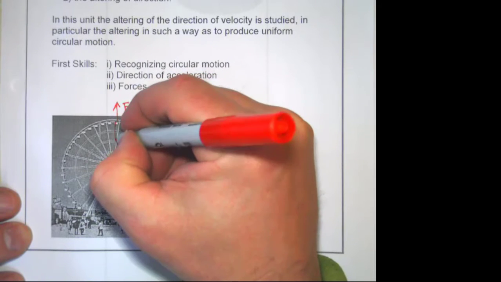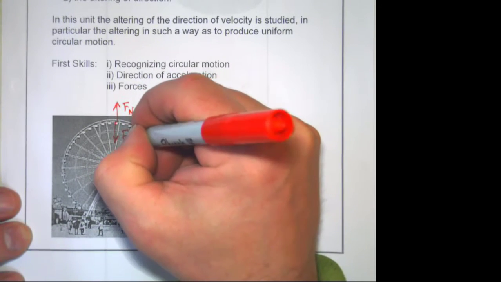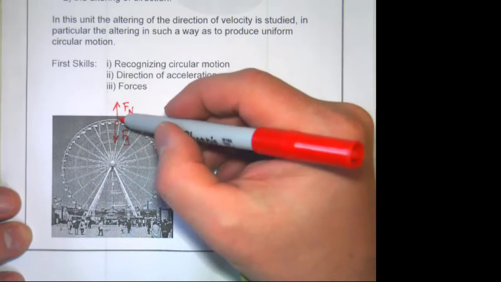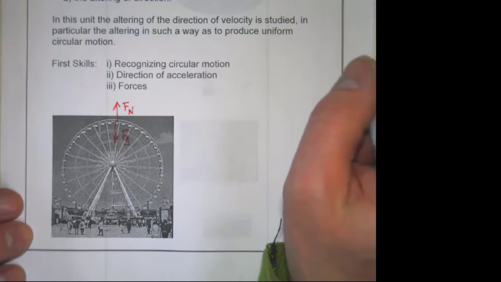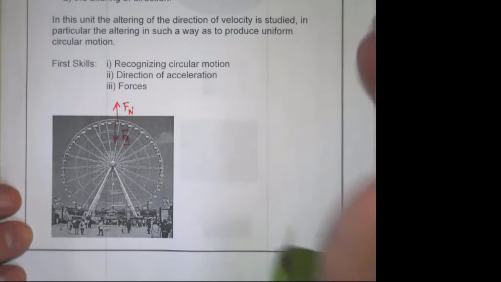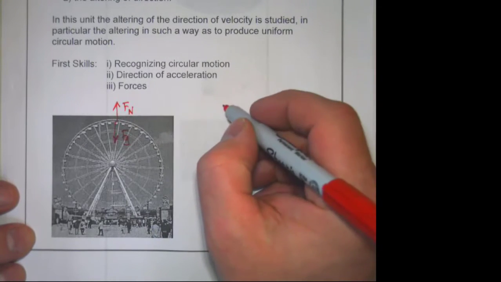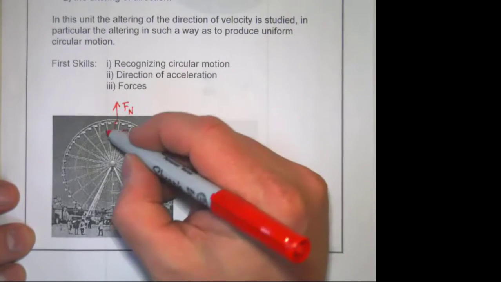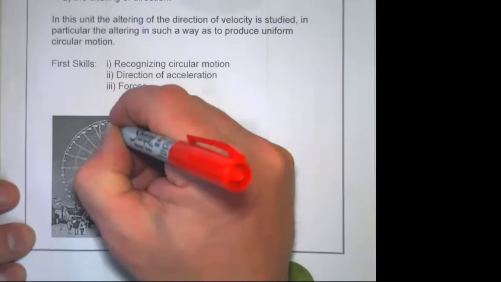There will also be gravity. If you're dead center at the top, that will act right through the center, and the normal force will be pointing exactly away from the center. That peculiar case is where we will examine it, because it makes everything easy for us in Physics 12. So we will find ourselves recognizing these two forces and that acceleration is toward the center.